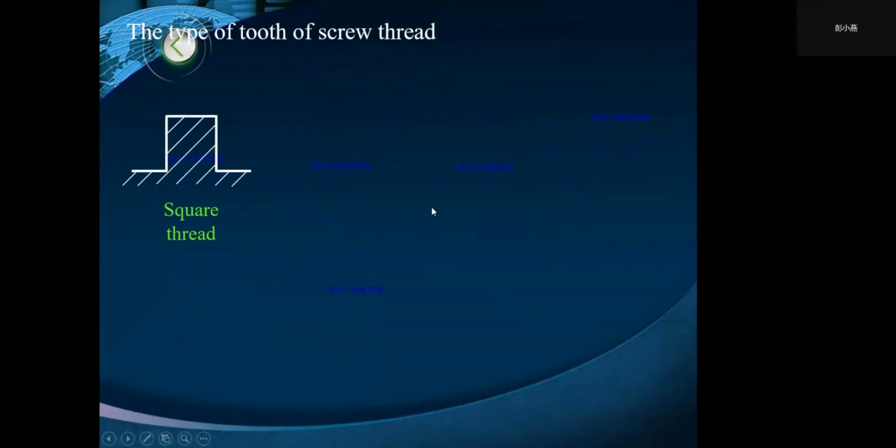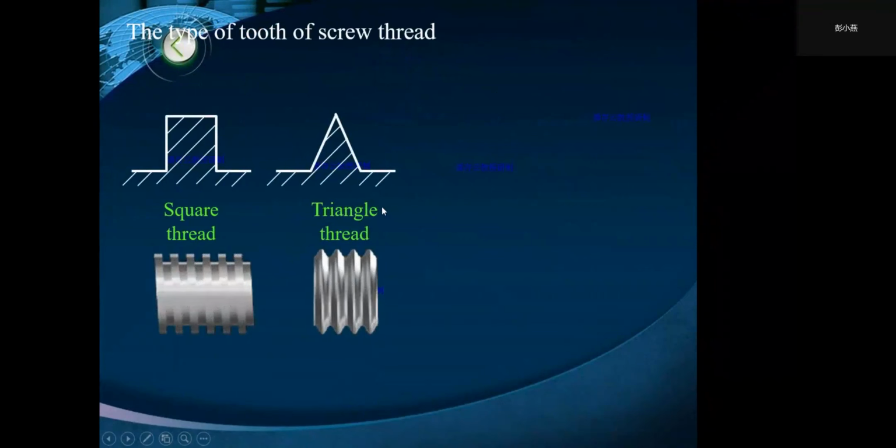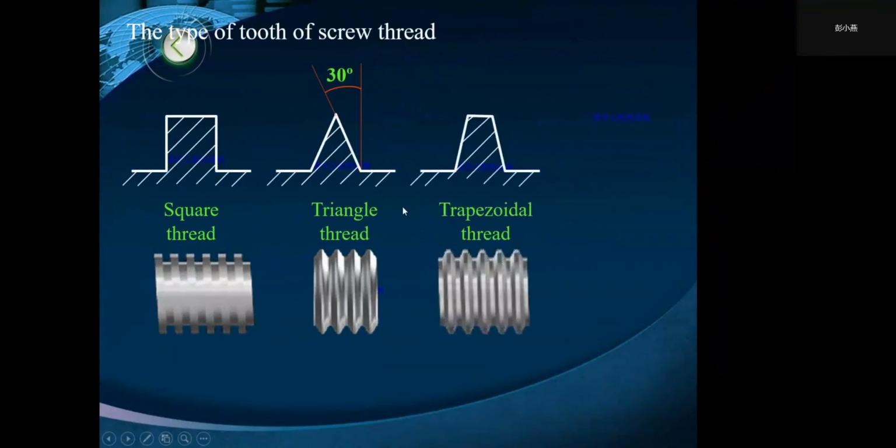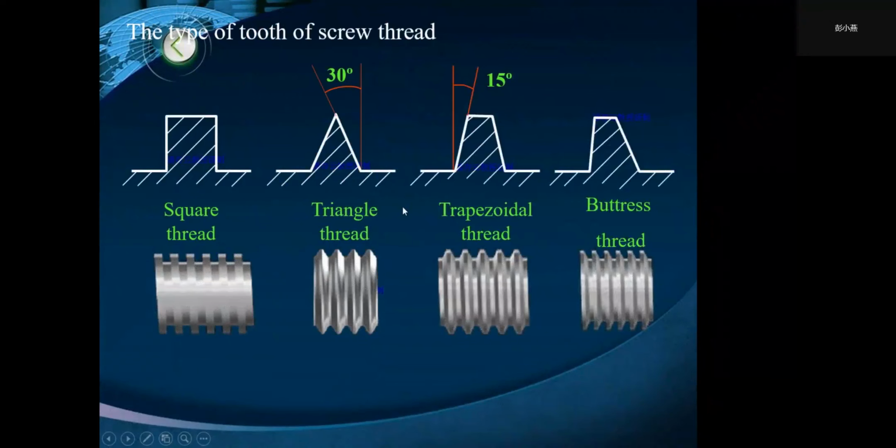These are schematic figures of square, triangle, trapezium, and buttress thread. Among them, the square thread has the greatest strength and efficiency.